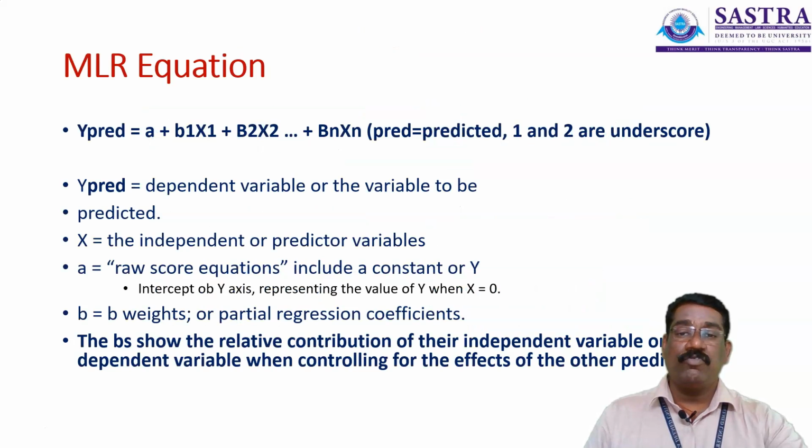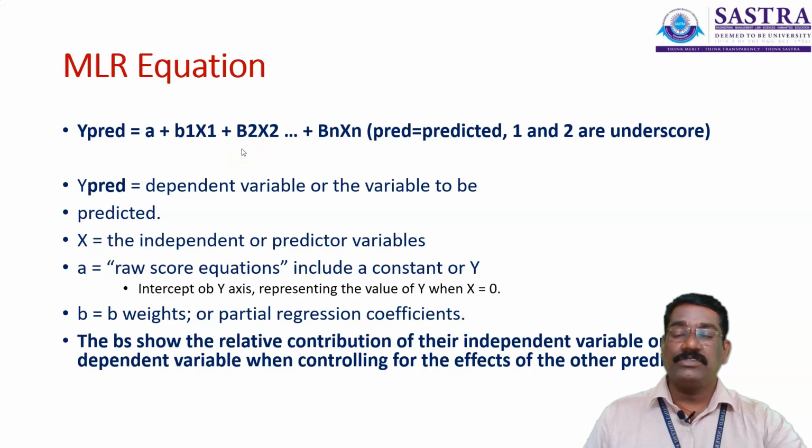Next, let us move further to understand the equation aspects of the multiple linear regression equation. I can show you here, this is the dependent variable, this is a constant factor, and this one is an independent variable, and the next independent variable, and it is followed on like that. So y is the dependent variable and x is the independent predictor variable, and the dependent variable is predicted by the independent variables.